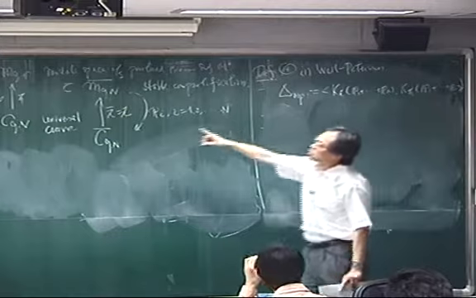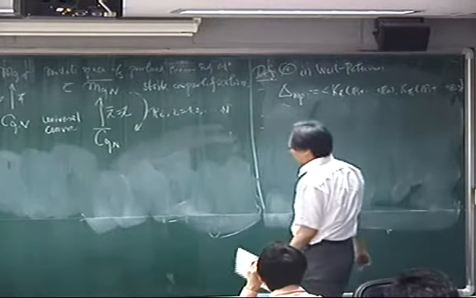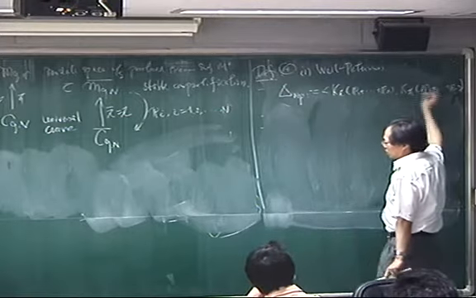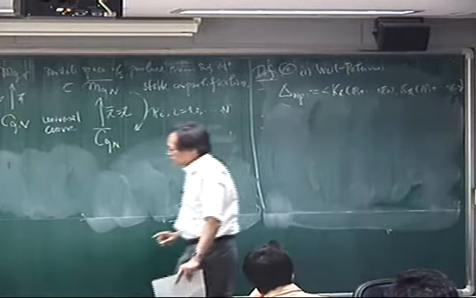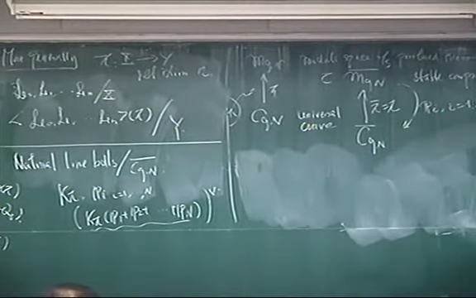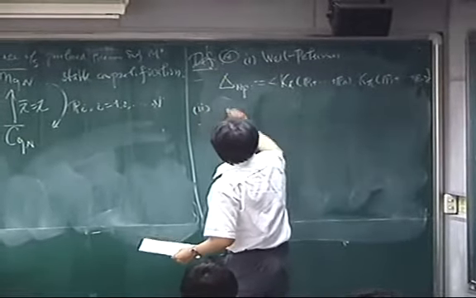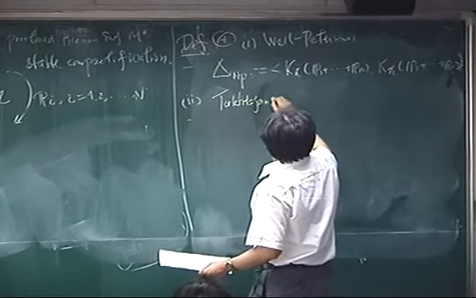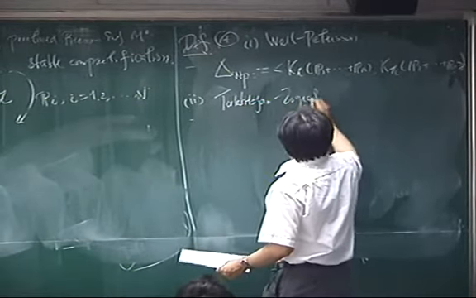For this universal curve, of course, I can take the dual here. I mean, the double dual gives back itself. So you essentially just consider the logarithmic canonical line bundle. So this is Weil-Petersson. Then you have Takhtajan-Zograf line bundle.